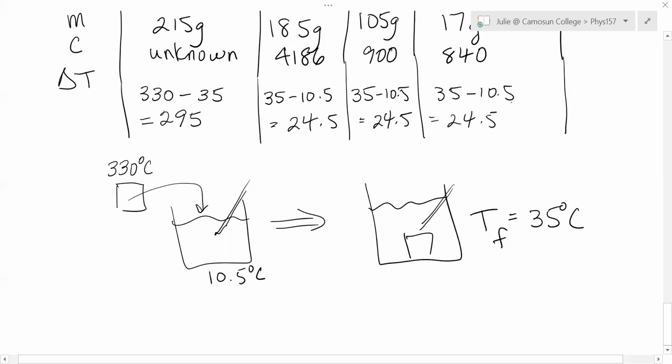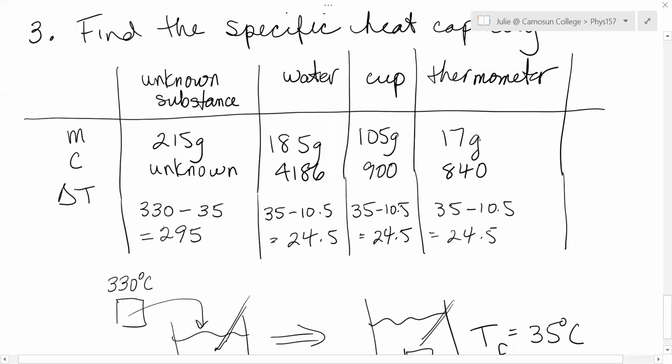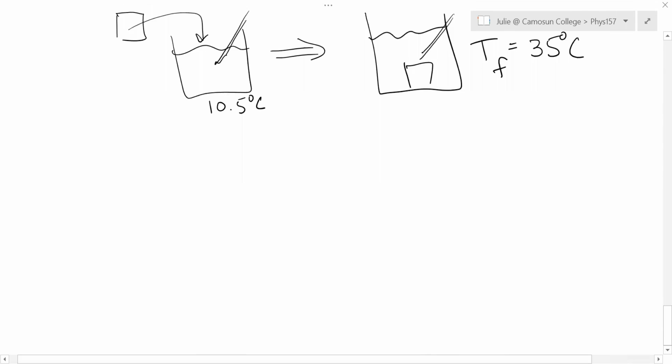Okay, then you put gainers and losers because you're going to put them on opposite sides of the equation. The unknown substance is the loser, so it loses heat. These three guys are all gainers. Gainer, gainer, gainer. So now you just have to put all those numbers together.